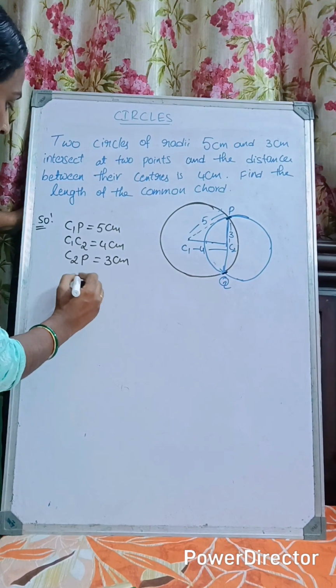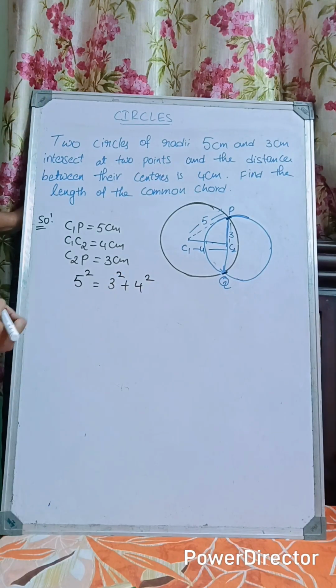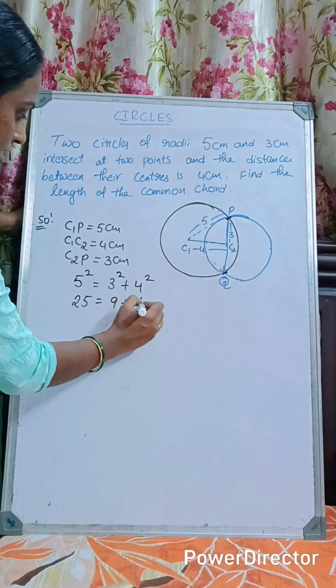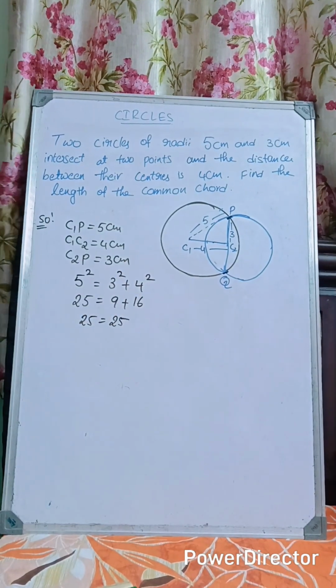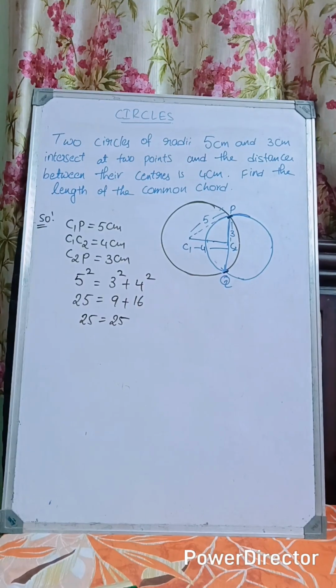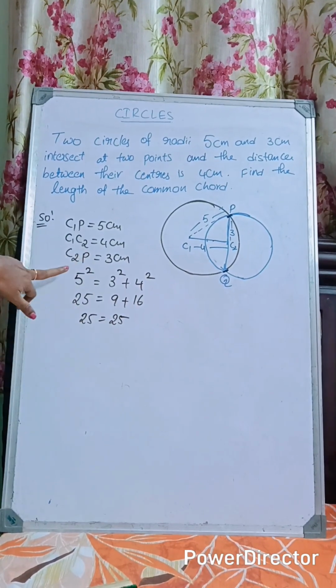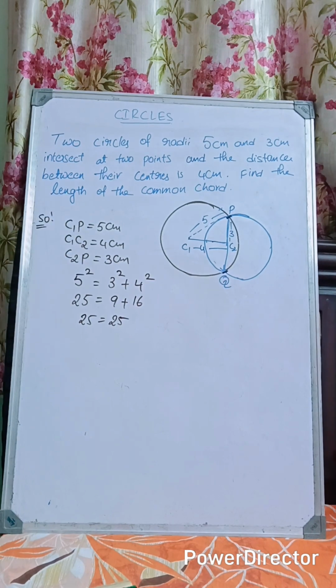So from this what can I write? Let's write 5 square is equal to 3 square plus 4 square. Correct or not? 25 is equal to 9 plus 16. 25 is equal to 25, we got. So can I say this is a Pythagorean triplet? Yes or no? Correct. So these 3, 4, 5 form a Pythagorean triplet.